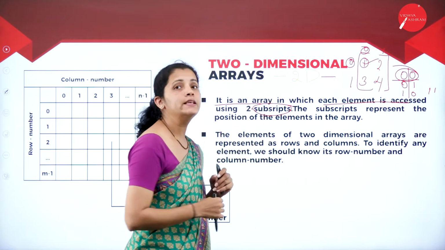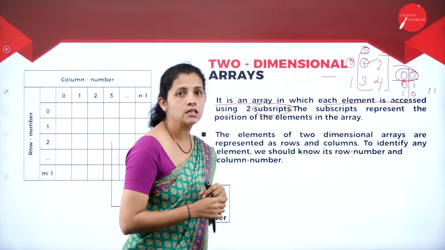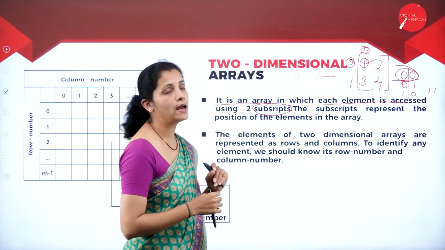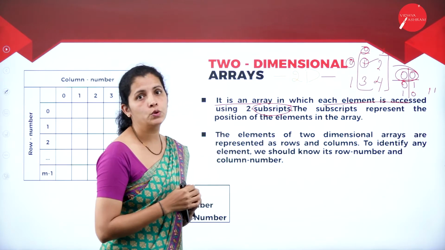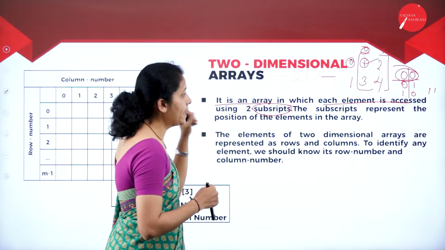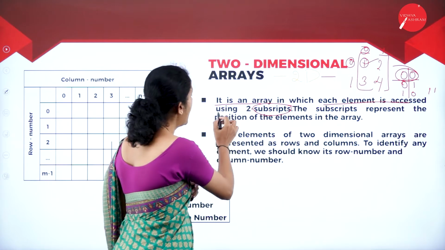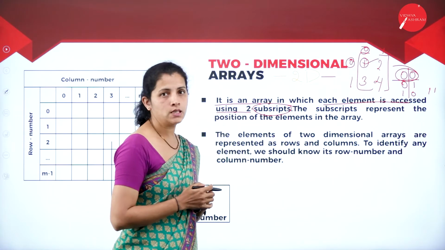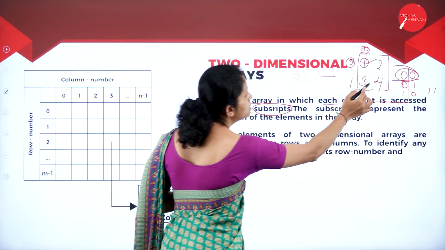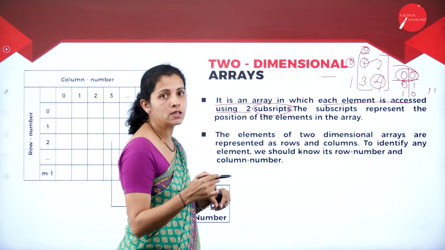To access the elements, I'm going to use 2-dimensional arrays as well as to store the values. So here it is an array in which each element is accessed using 2 subscripts. To access this element 4, I'm going to use 2 subscripts.